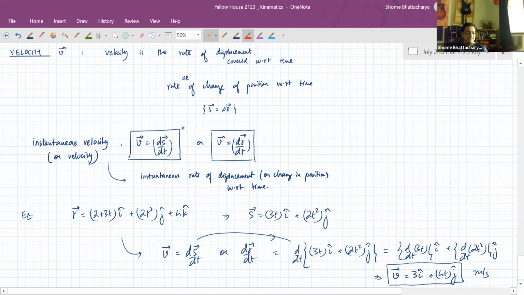Hence, always instantaneous displacement with respect to time is the same thing as instantaneous rate of change of position with respect to time. So make a note of this first, and remember from now onwards that when we just use the term velocity or the symbol v, the default meaning is instantaneous velocity and not average velocity. For average velocity, we use the specific term average always.